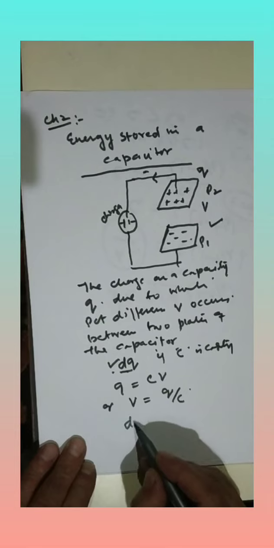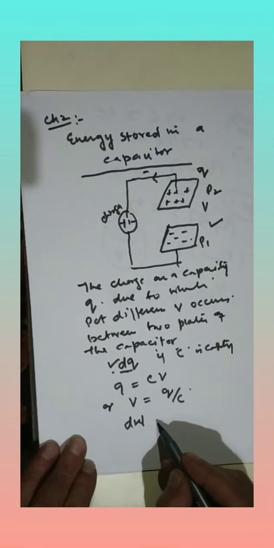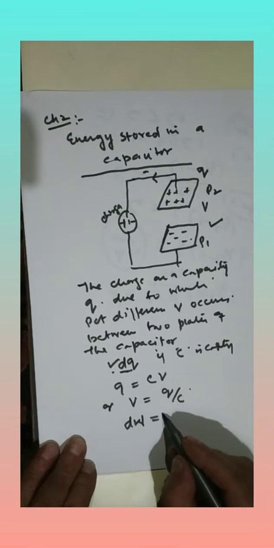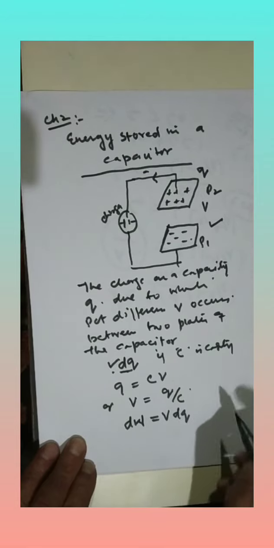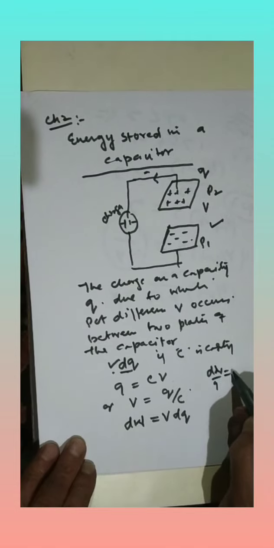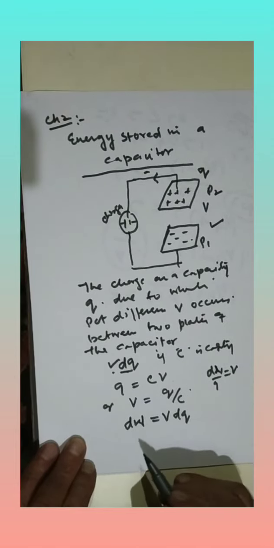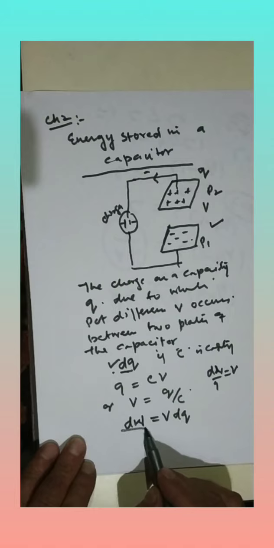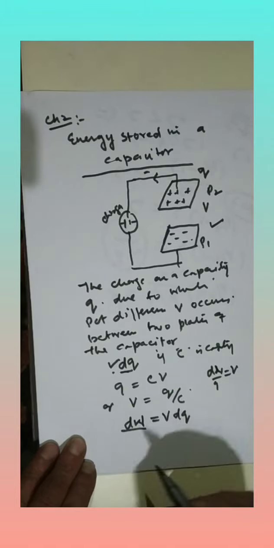Let us say dW to store that charge. Now dW is equal to V dQ, because we know that work done per unit charge is equal to potential V. Now, this small work done is stored as a small potential energy, that is dU.